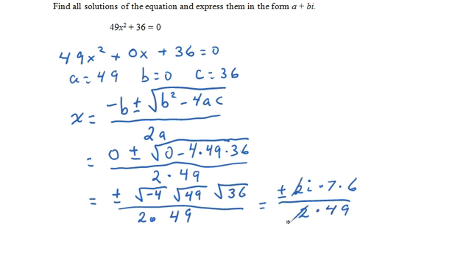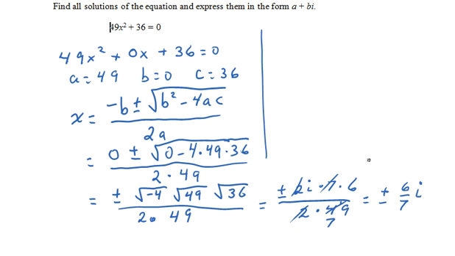The 2's cancel, 7 cancels, to give us plus or minus 6/7 i.